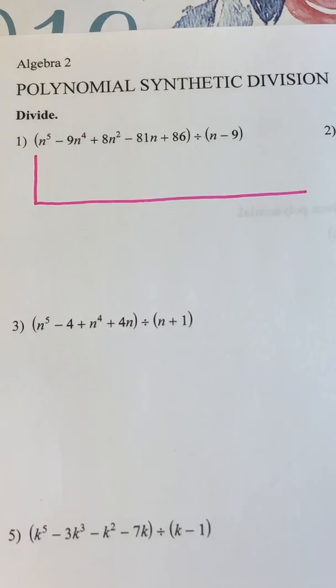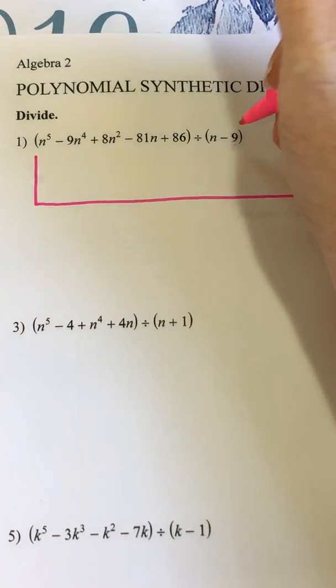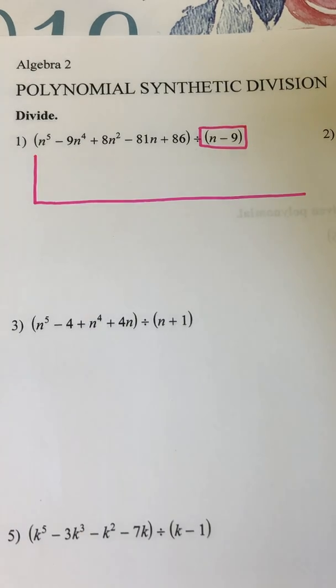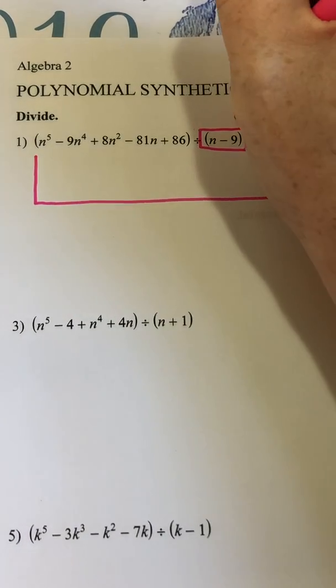Now you notice on this paper I've got a lot more problems on the front side of the page, and I have not given you much room at all, have I? Okay? You don't need much room. So watch this. I am going to take my divisor. This is very important, okay?